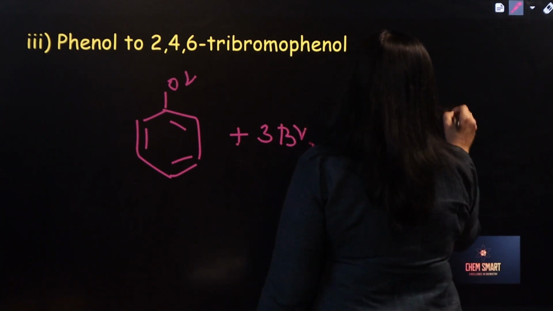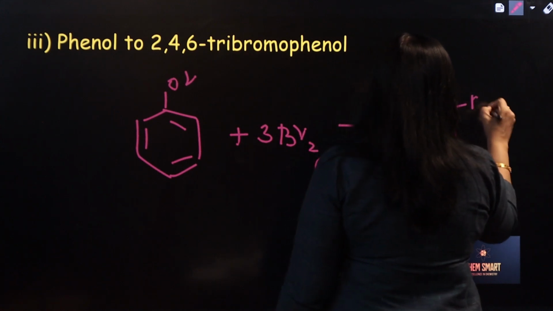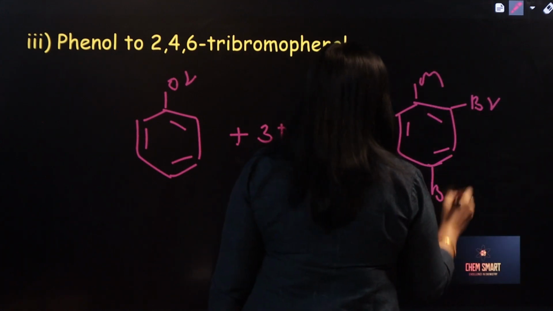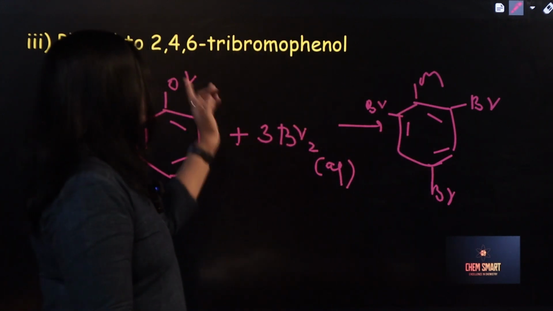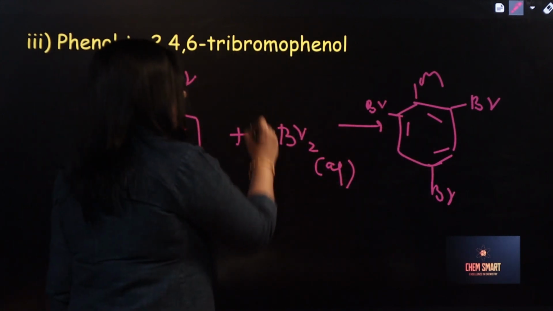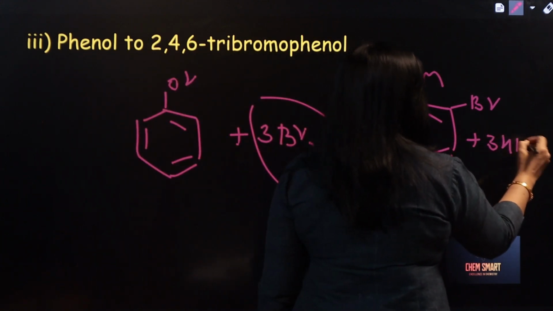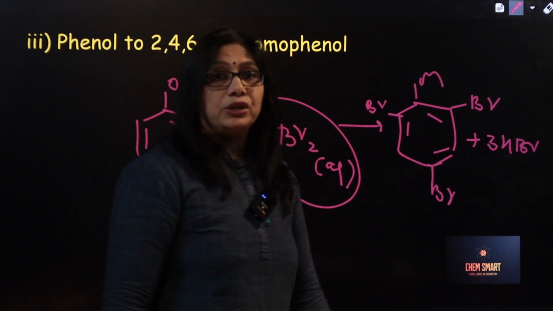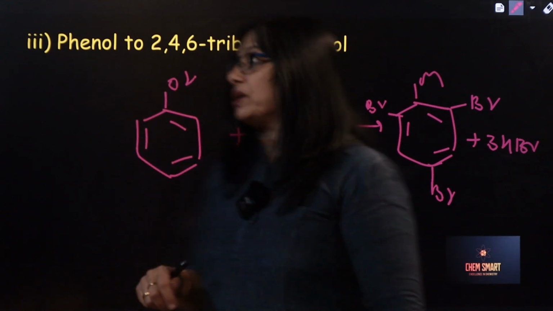Then you will be getting what? 2,4,6-tribromophenol. So the reagent used is aqueous bromine. Plus 3 HBr will be the byproduct. So the reagent used here is what? Aqueous bromine or bromine water.